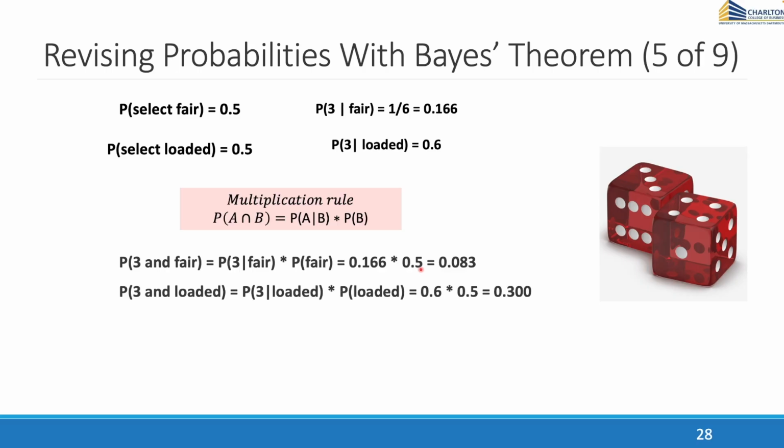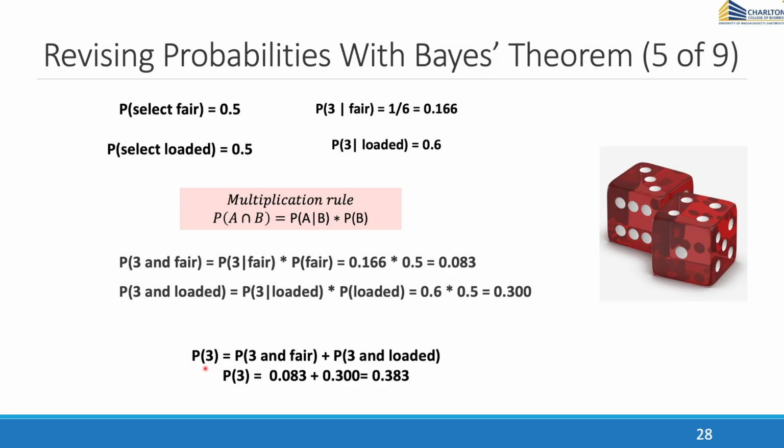The probability of 3 and selecting the loaded die is the probability of 3 given that the die is loaded, multiplied by the probability of selecting a loaded die. That's 60% multiplied by 50%. Now we have two joint probabilities. We can calculate the probability of getting 3. No matter if it's fair or loaded, we want to know the probability of getting 3.